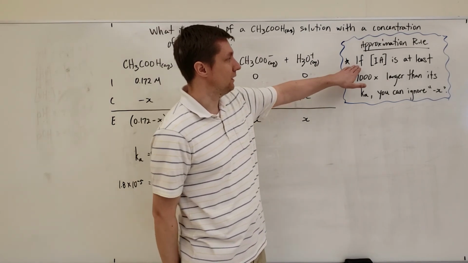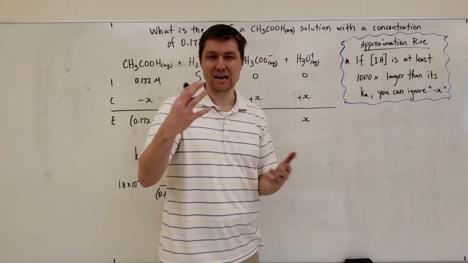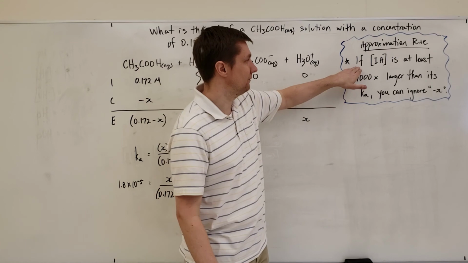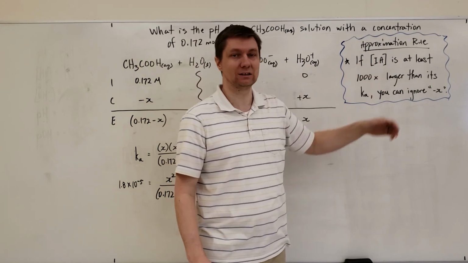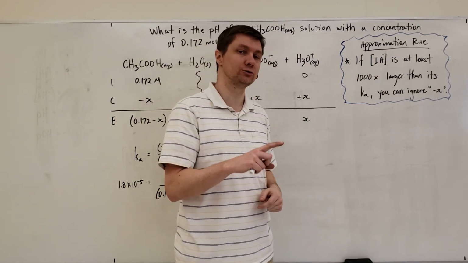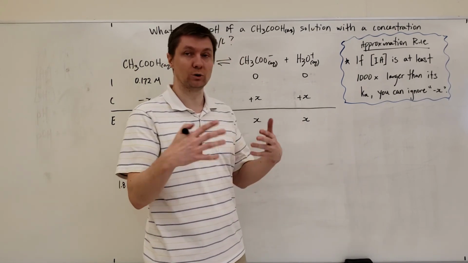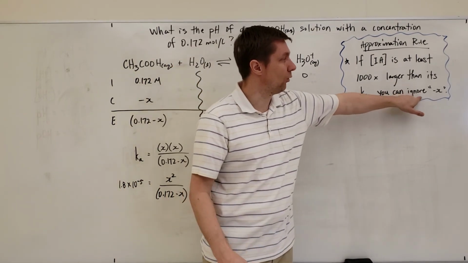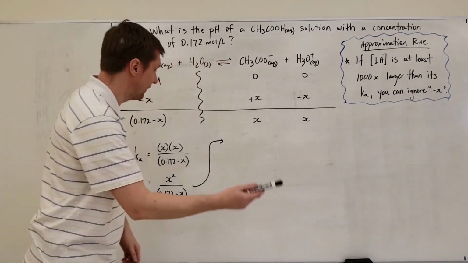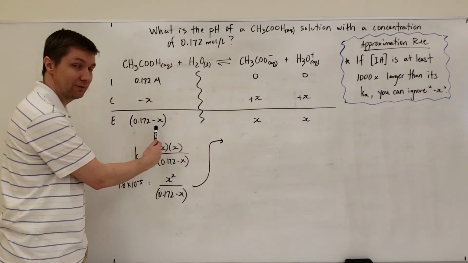It says that if the initial acid concentration (Ia just stands for initial acid) is at least 1,000 times larger than its Ka, then you can use this approximation rule, which is that you can ignore negative x. So if I come back over here, here is the negative x.